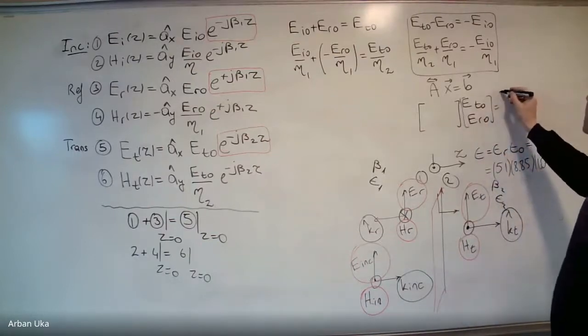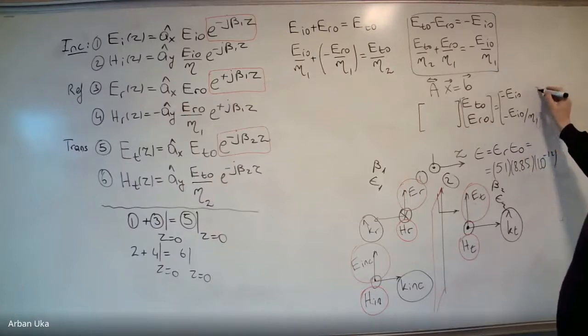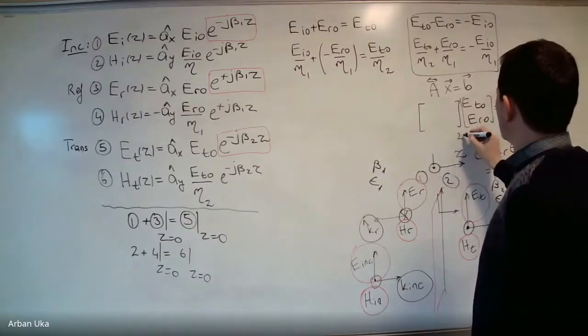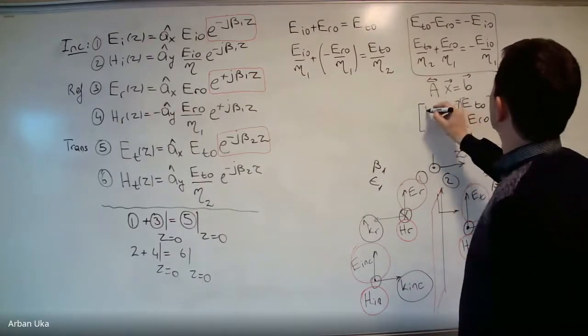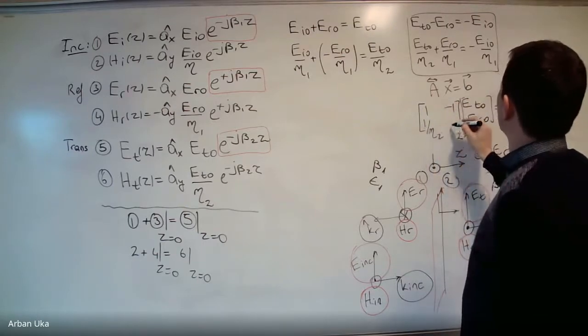Here we have minus EI0 and minus EI0 over eta 1. We know these quantities because they are given, and we need to find these two components. With a 2x2 matrix and two unknowns, we can do a very good job. So here we get 1, minus 1, over eta 2, 1 over eta 1.